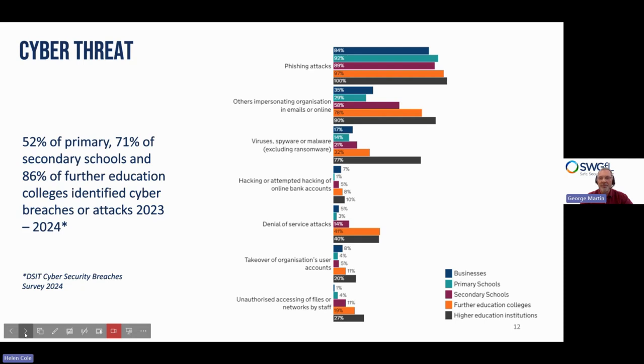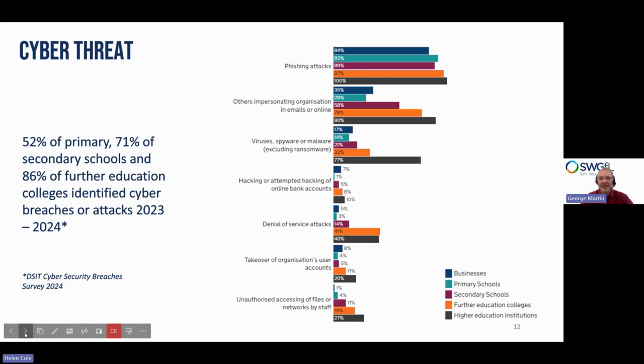Now that's up roughly 10% year over year on the 2023 results. So the sample pool is still relatively small, back to Artie's point about schools and academies reporting incidents, but that trend line is increasing. We're seeing year over year about 10% of schools reporting breaches of one sort or another.